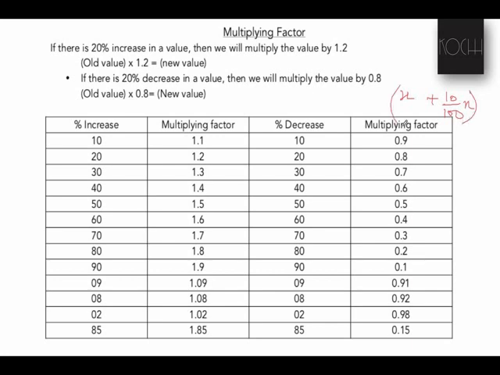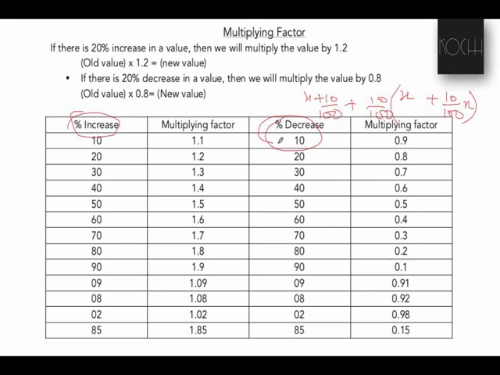Then the weird method is this value plus 10% of this value. So it takes a lot of time and we don't have so much space to solve such questions. So we'll use a new method which is percent increase, percent decrease.